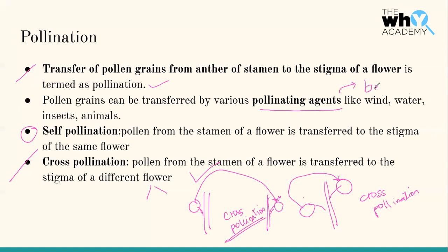That's why they say we should save bees, because we would be left with no pollinating agents if you harm bees. Some animals, when they are searching for food, accidentally touch their nose on a flower and then touch another flower. So they are also transferring pollen grains.